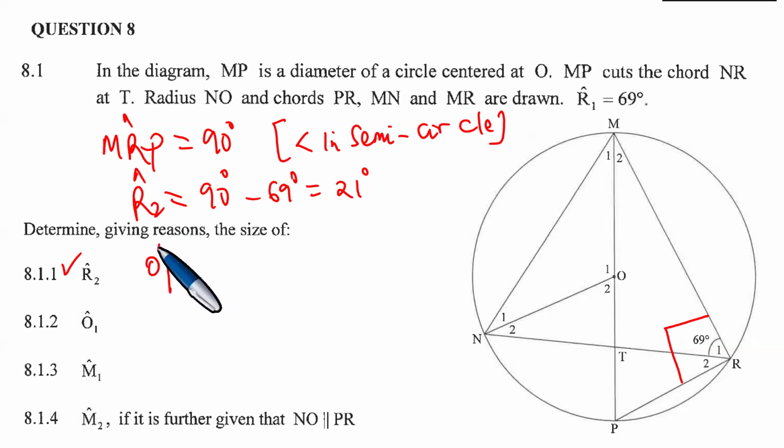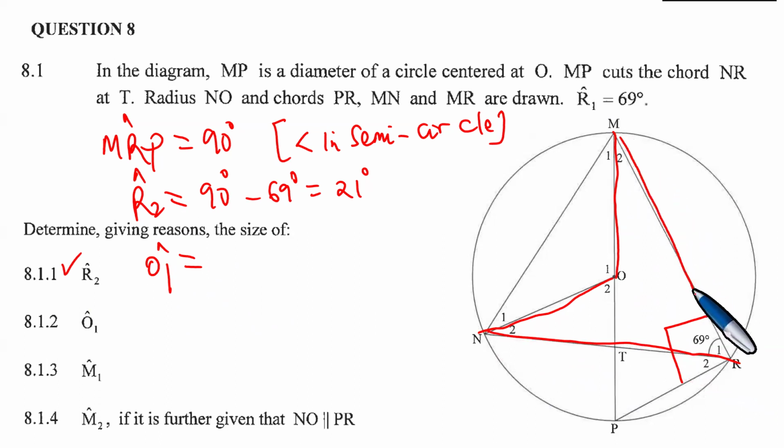So the angle O1, you have something like this here. So that the angle O1 is 2 times the angle 69 degrees, and this is 138 degrees, like so.